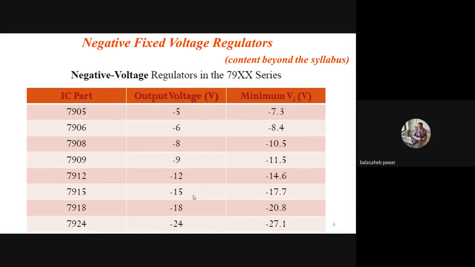The maximum input voltage we can apply to all these IC regulators is plus or minus 37 volts. Okay, note it down at your end.